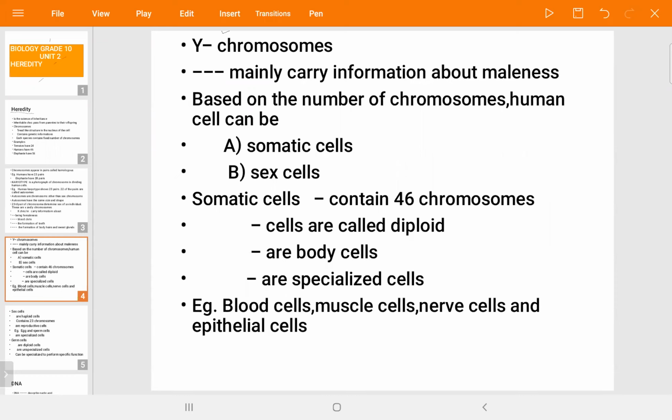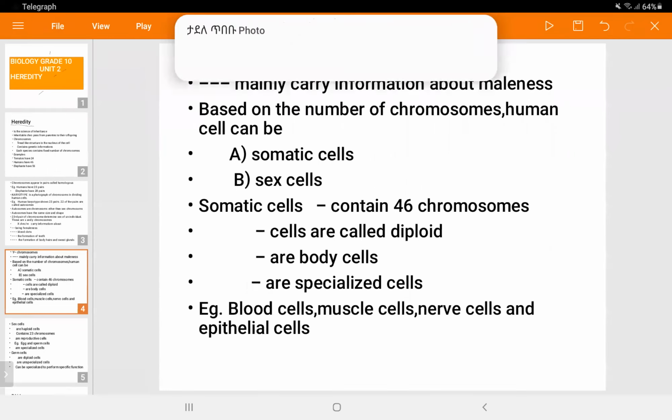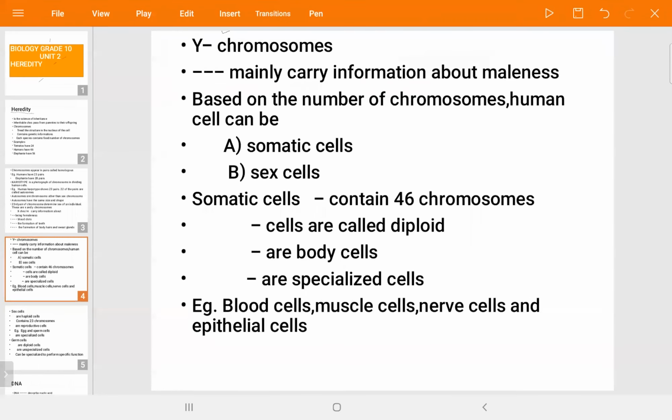All these are specialized cells, which are called somatic cells. We have almost 4 basic types of nerve cells: sensory neuron, motor neuron, short relay neurons. All these are somatic cells, which contain 46 chromosomes, which are diploid.